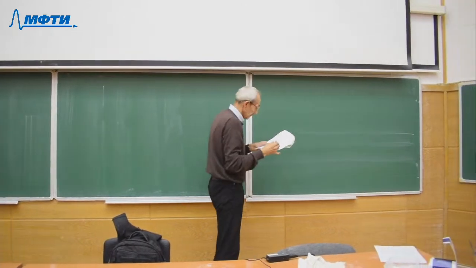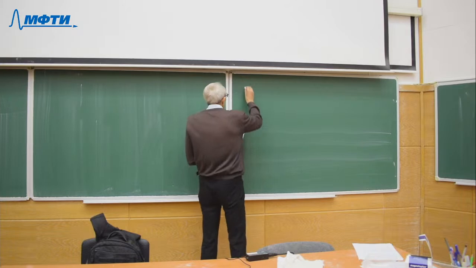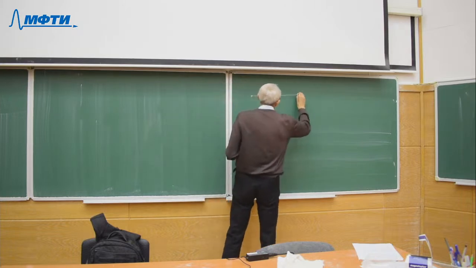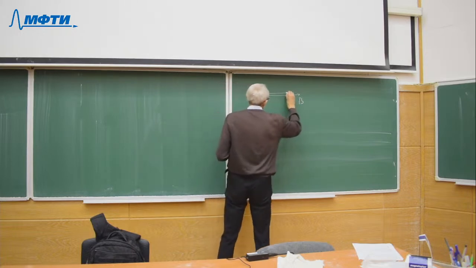I recalled this problem. We have two villages, A and B, and a road.